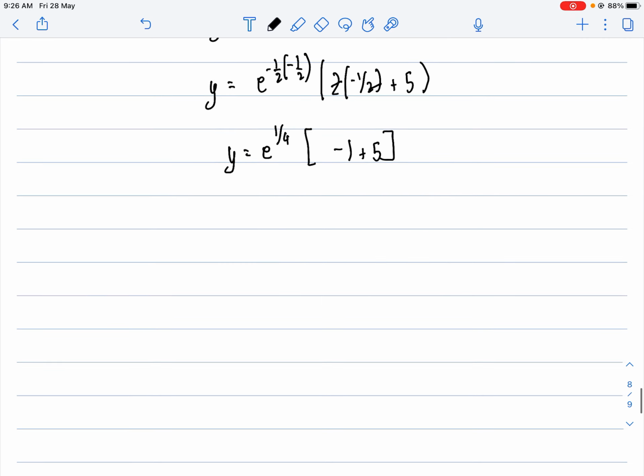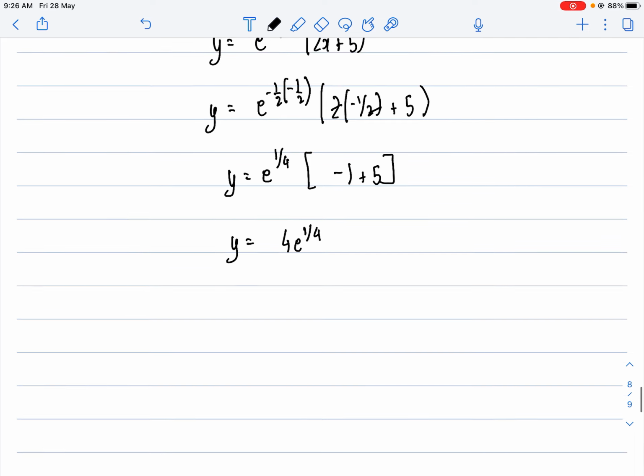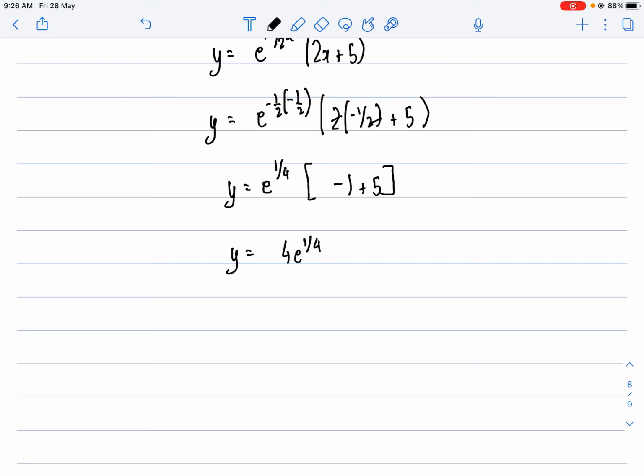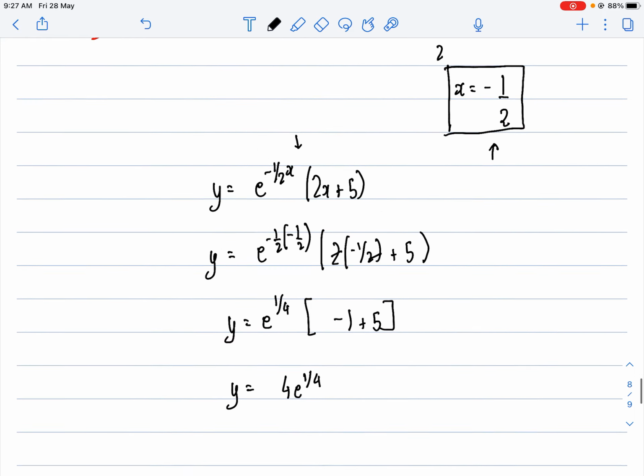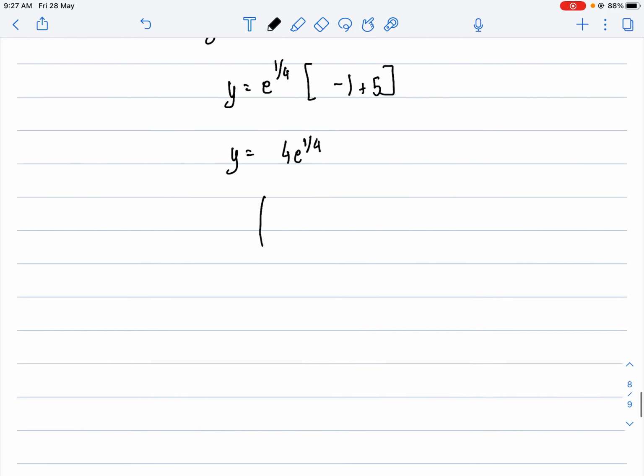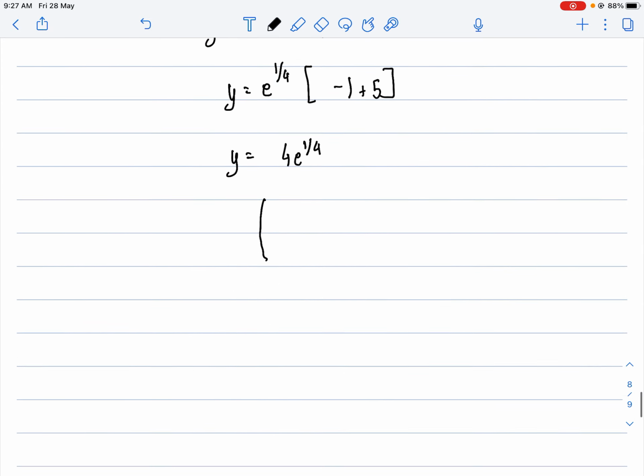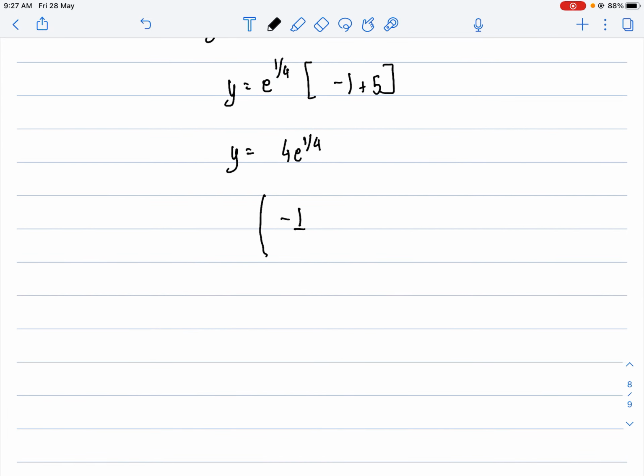Agreed? So I get my y as 4 e raised to 1 by 4. Got it? We need the exact value, so we can't give it in decimals. I know my x is minus half, so I write this as minus half, comma, 4 e raised to 1 by 4. It is the final answer of the question.